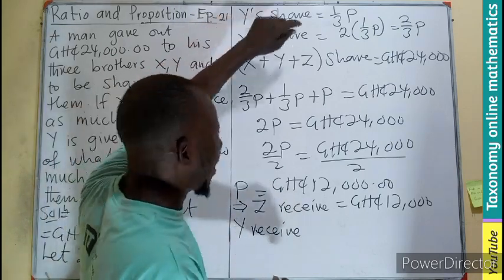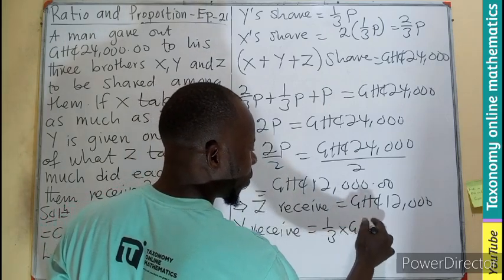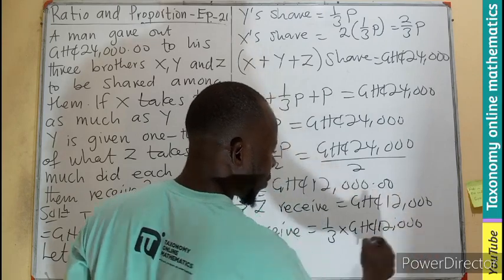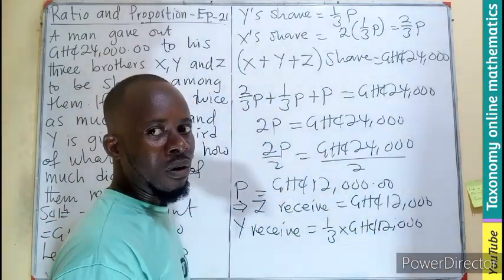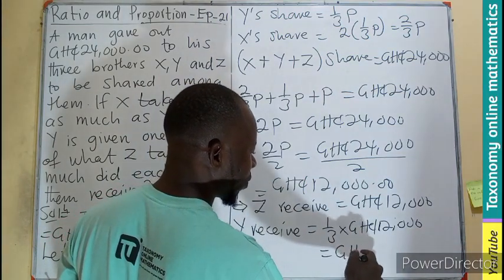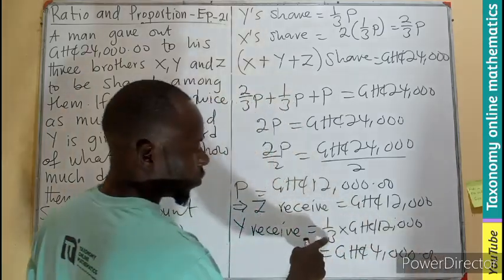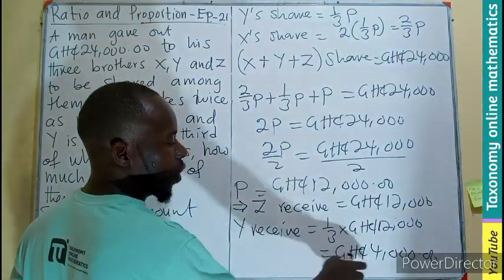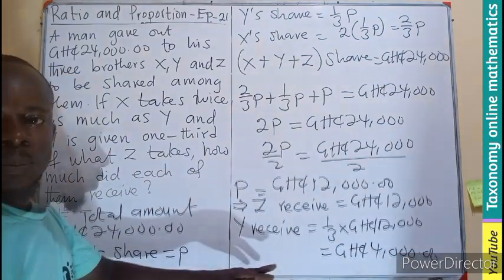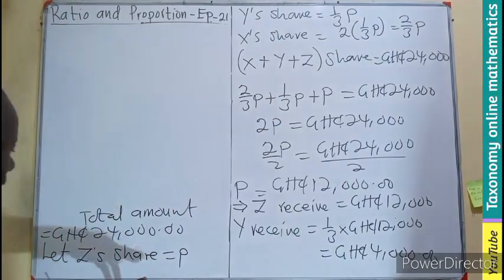Y is taking 1/3, so 1/3 of 12,000: 3 goes into 12, 4 times, so we have 4,000. So 4,000 for Y.